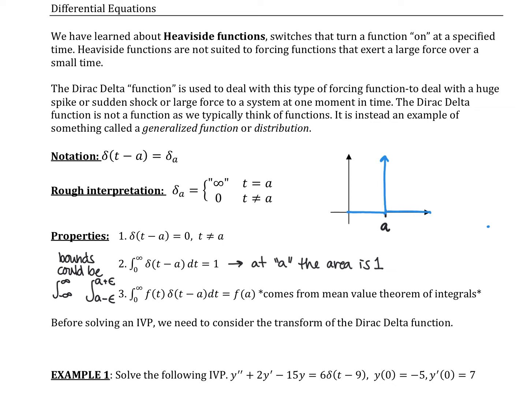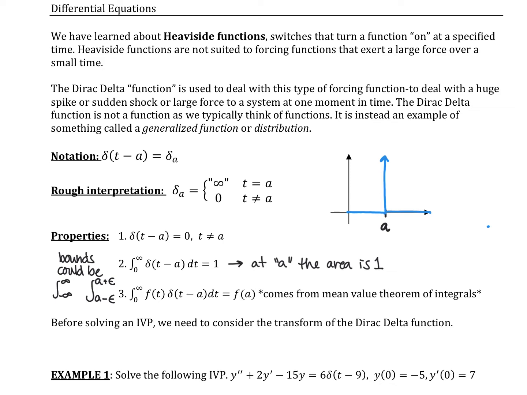Okay. Now, before we actually look at solving an initial value problem, what we need to do is consider the transform of the Dirac delta function. And what I'm hoping you see as we go through this are some properties that relate the Dirac delta to the Heaviside function.